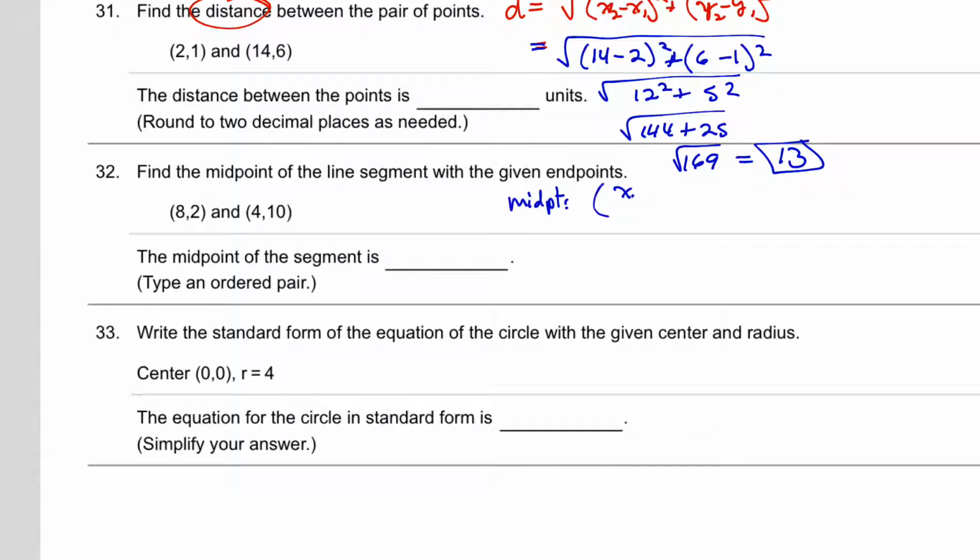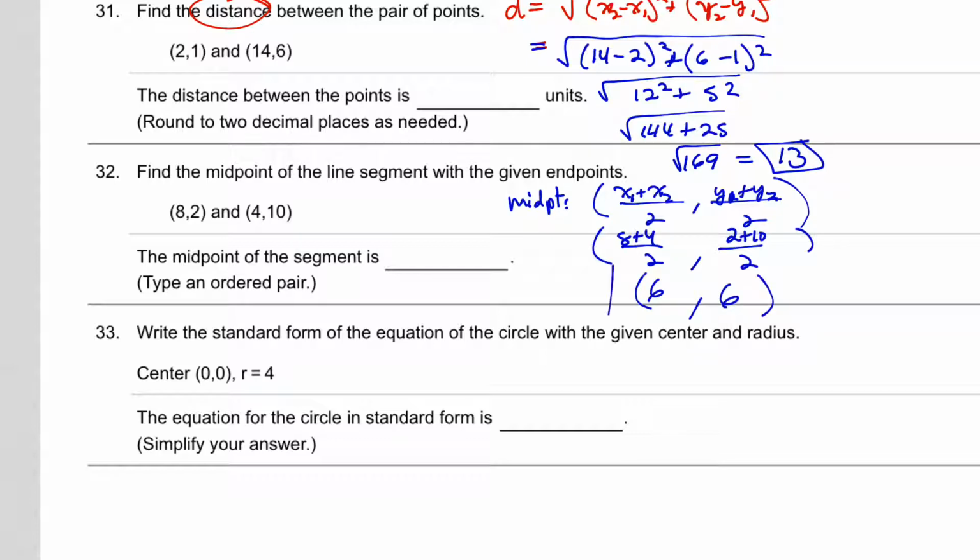You're going to add up your x's like an average, and your y's like an average. So 8 plus 4, and 2 plus 10. So 12 over 2 is 6. And same thing over here. That's the midpoint between these two endpoints.